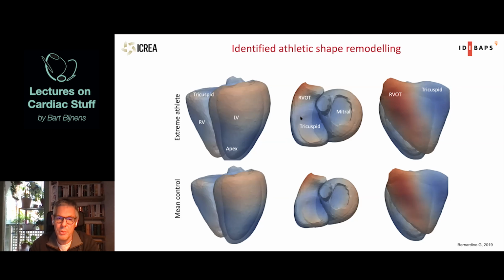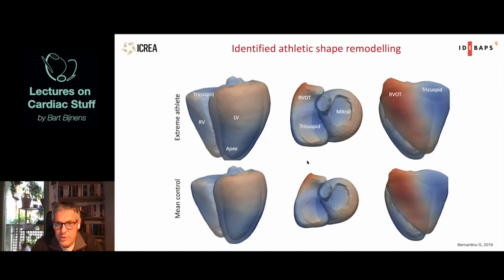But what is much more important is that when you start to look at the right ventricle, you see much more change in the right ventricle compared to the left. So again, this points to the fact that the right ventricle seems to be differently involved in exercise as compared to the left ventricle, keeping in mind that both of them always have to generate the same volume. So unless you have a shunt, the cardiac output of the left and the right is exactly the same, since it is a circulation in series.